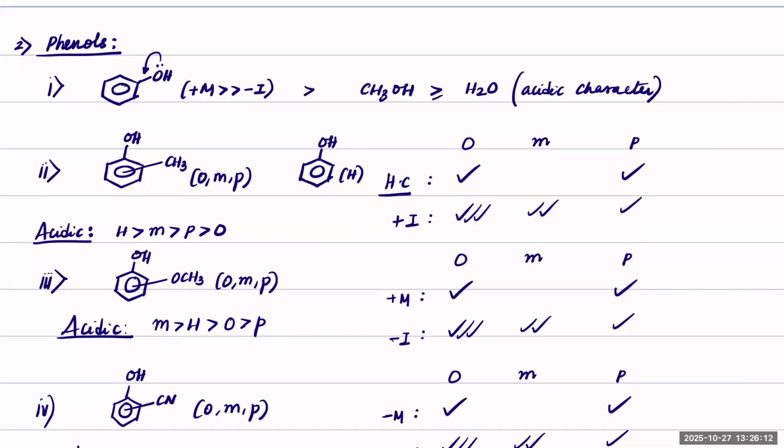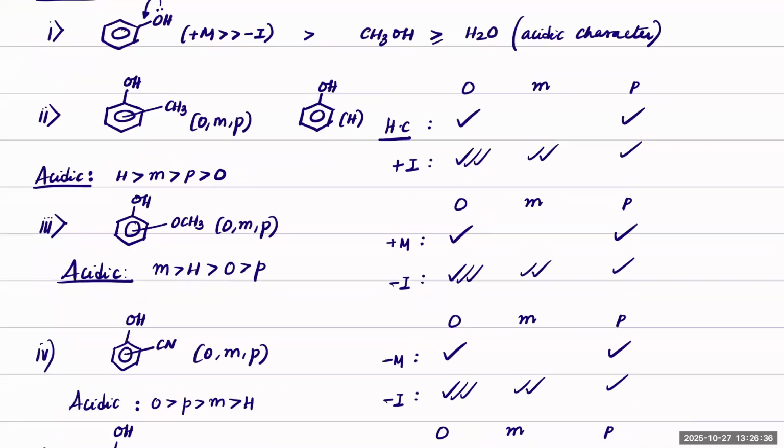And para position, you will have hyperconjugation as well as plus I effect. So putting all of these three together, you can see the most donating position is ortho. Next most donating position is para. Next is meta. So least is only hydrogen, which is phenol. So phenol, meta, para, and ortho, that will be the order of acidic strength for phenols.